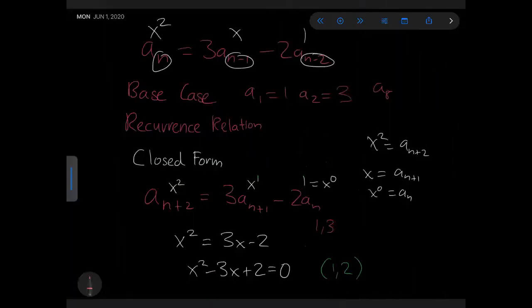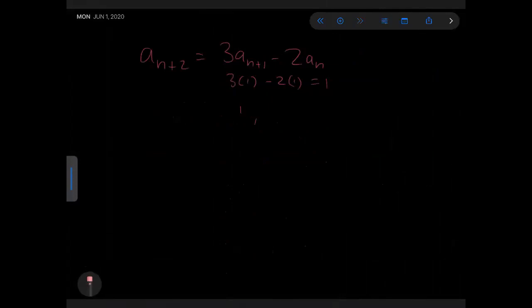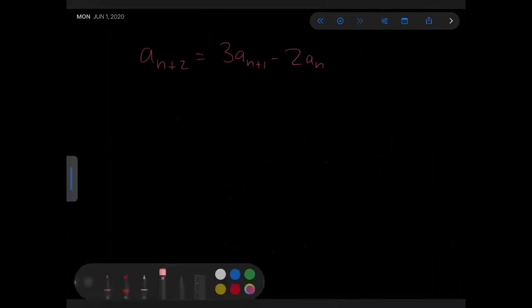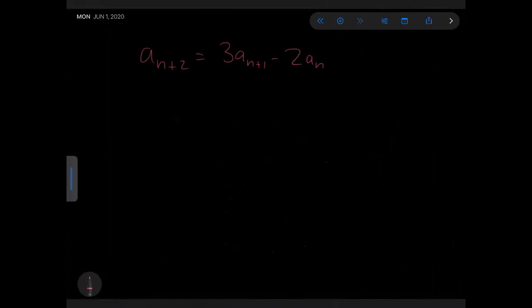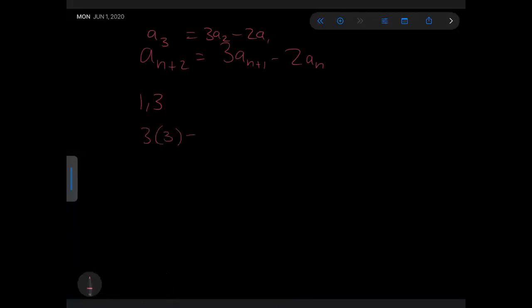Let's see if that holds true. Our first terms were 1 and 3, right? We're going to use this sequence again. Our first terms were 1 and 3. Let's generate the rest of our terms. What is a sub 3? A sub 3 is equal to 3a sub 2 minus 2a sub 1, which is 3 times 3 minus 2 times 1.